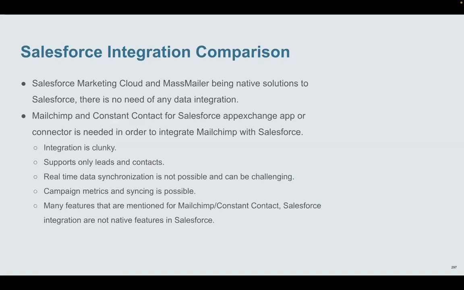It only supports leads or contacts. Real-time data sync is not possible, and it's also quite challenging. But you do get the campaign metrics and syncing. That's all fine, you can do that. And many features that are mentioned in this particular webinar are especially for MailChimp and Constant Contact. They are, again, their own platform. They're not right within Salesforce. So just to let you know.